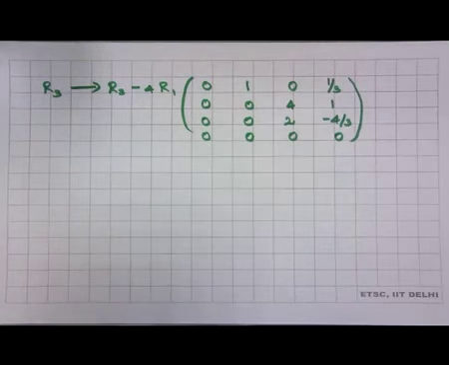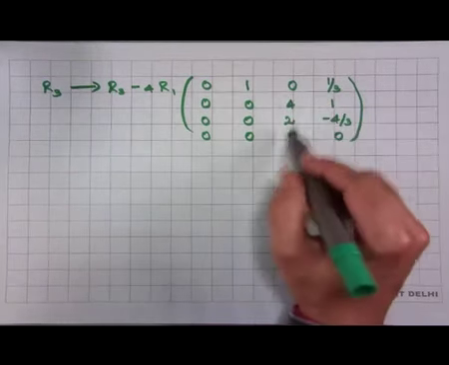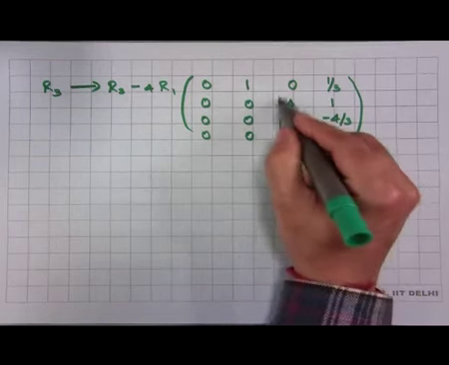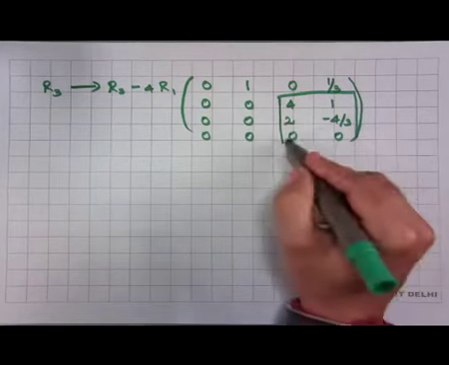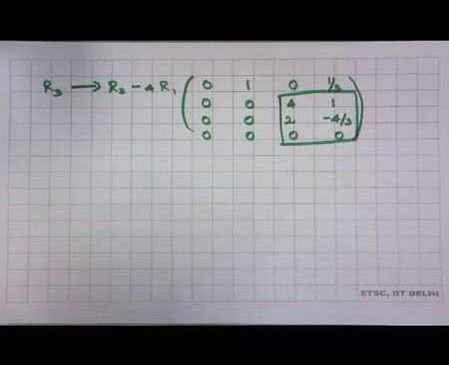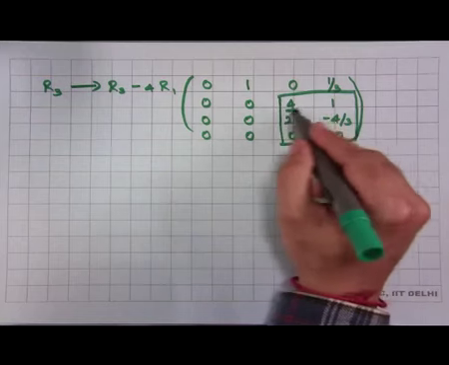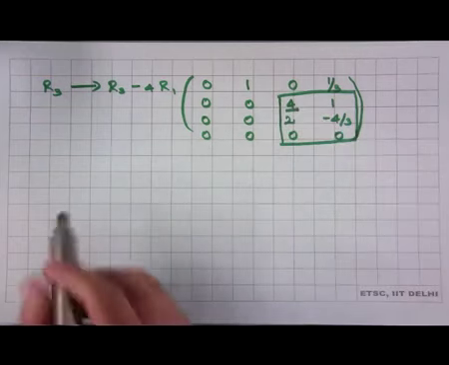And then the next one is, let us look at this submatrix, this part. The first non-zero row is this, and the non-zero element is 4. So, let us convert it into 1.